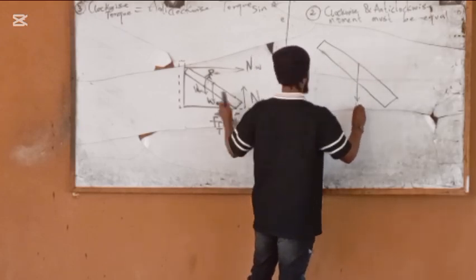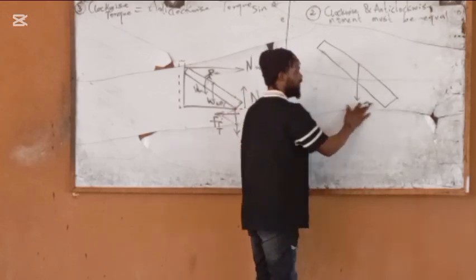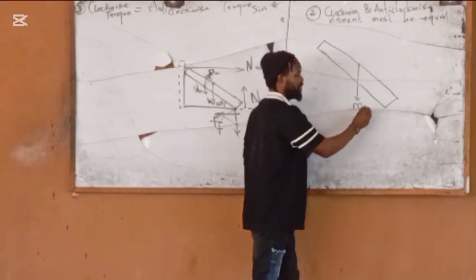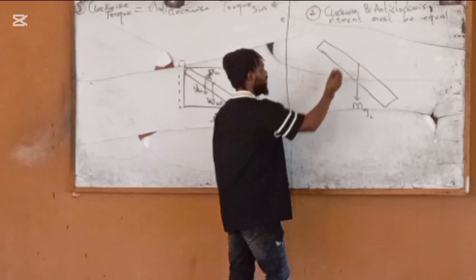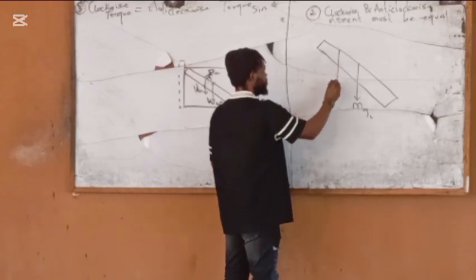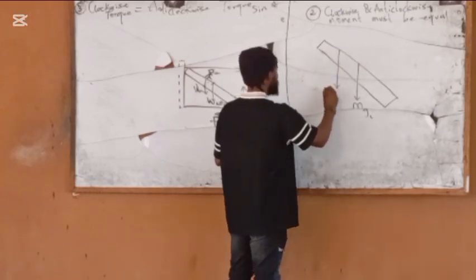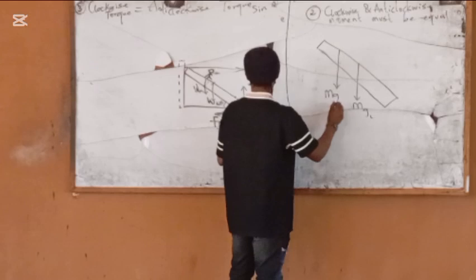I have WL, which I can say is mg, that is mass and gravity, the weight of the ladder. Then I have here WM, that is mass gravity, the weight of the man.